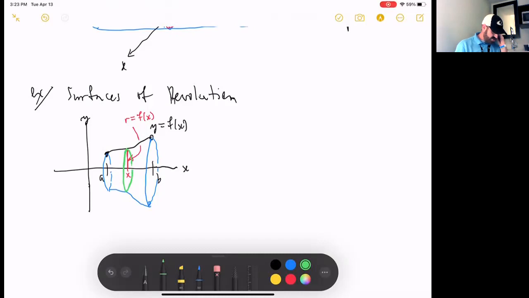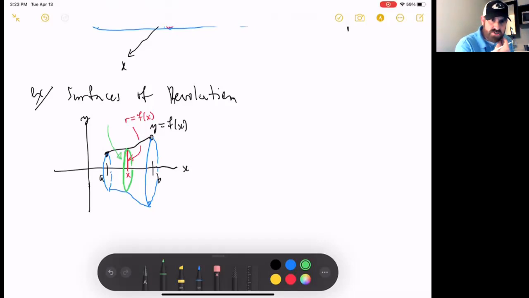So if you think about it for a minute, how would you parametrize this? Basically, you take the radius times cosine of something, and then you take the radius times sine of the angle, and that will move us around that particular circle right there.